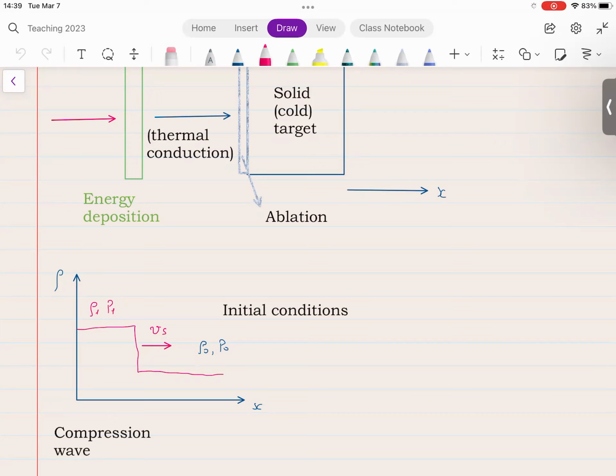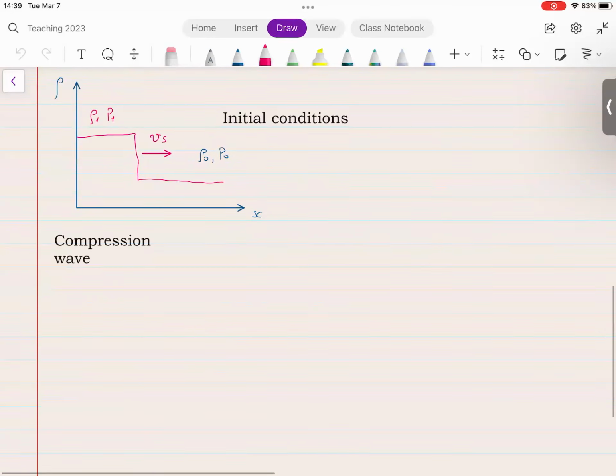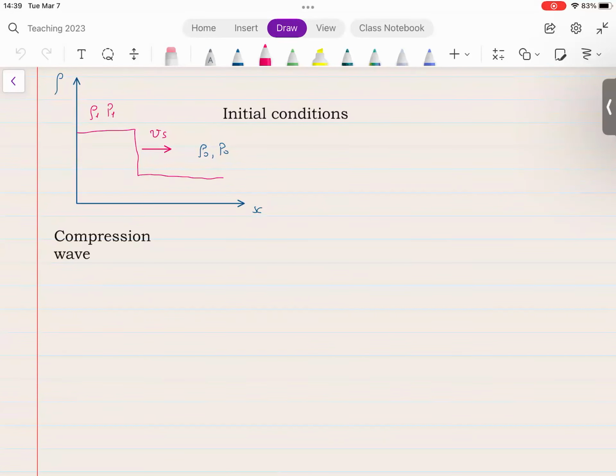Now, I've already mentioned equations that are called Rankine-Hugoniot conditions that prescribe relations between quantities on the two sides of this compression wave.